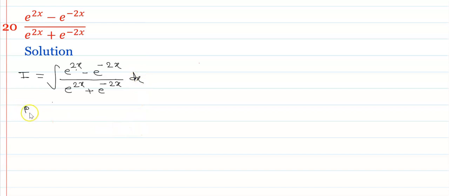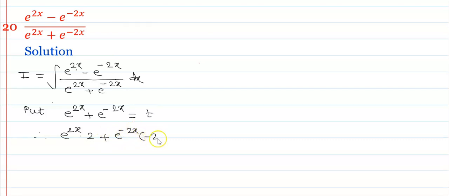Put e raised to 2x plus e raised to minus 2x equal to t. Its derivative is e raised to 2x into the derivative of 2x, which is 2, plus e raised to minus 2x into the derivative of minus 2x, which is minus 2, into dx equals dt.